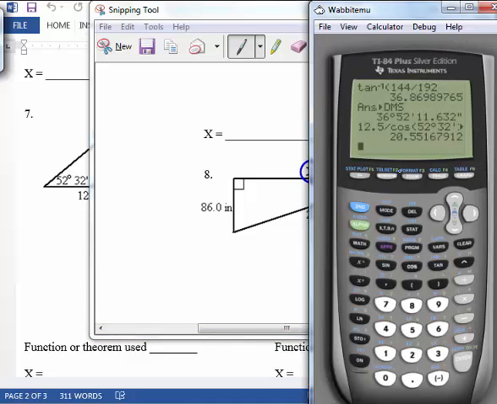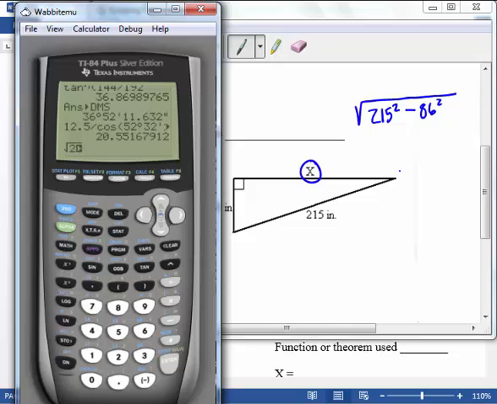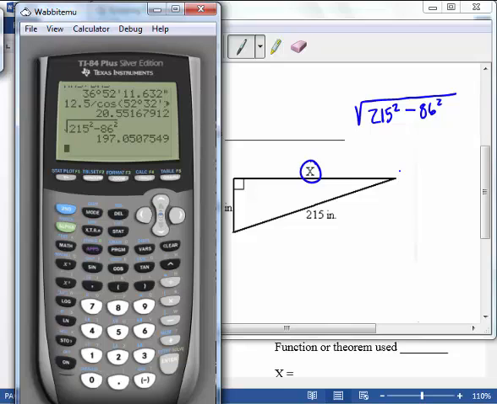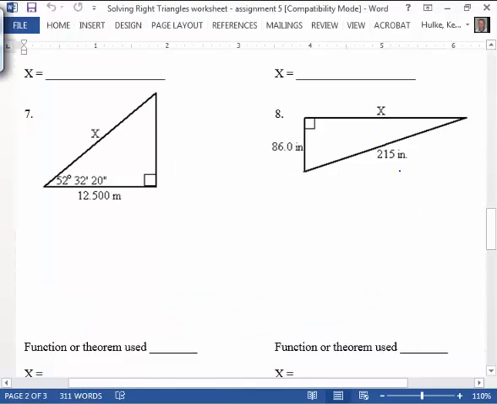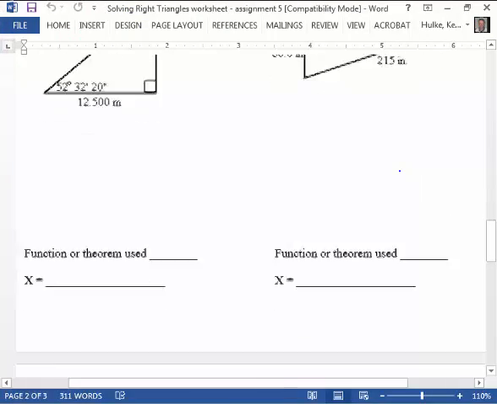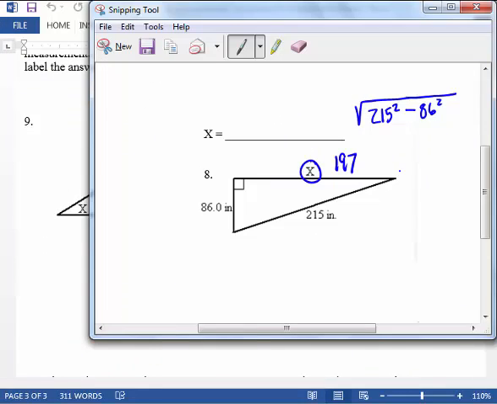So, square root key, 215 squared minus 86 squared is 197, 3 sig digs. Ooh, we're in the home stretch, gang. Next one.